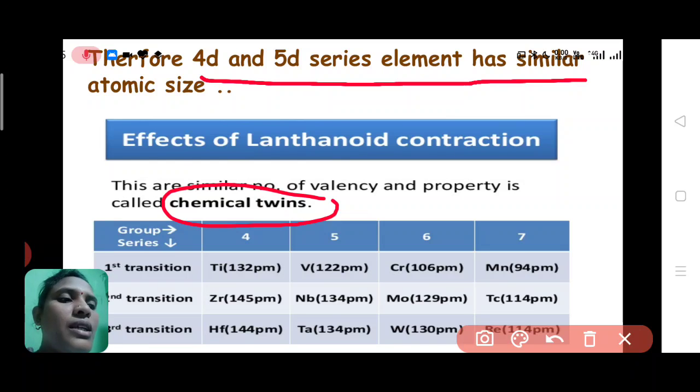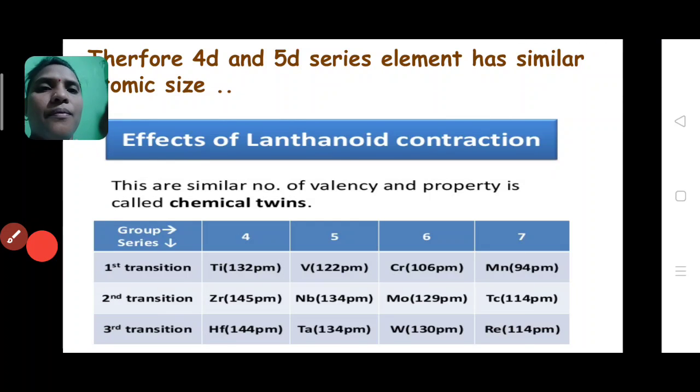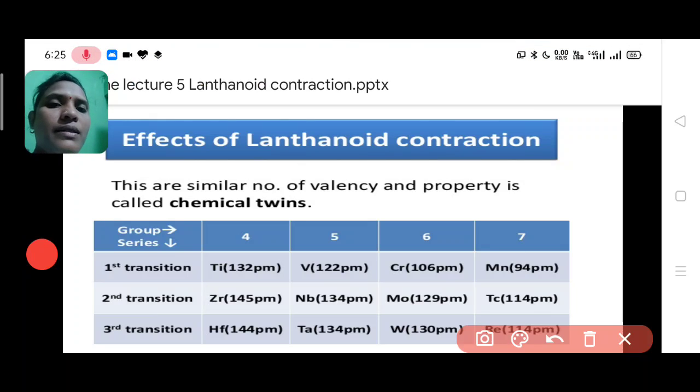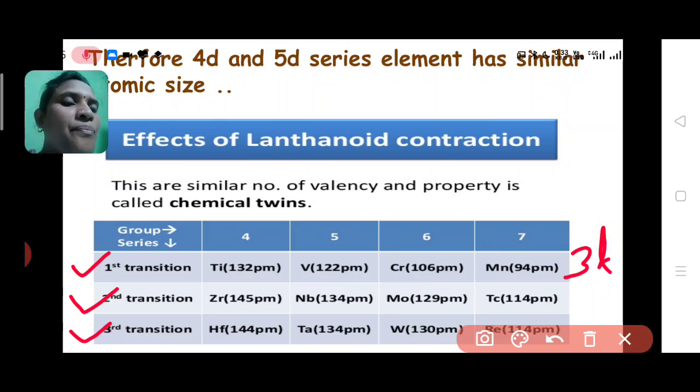So now see here, this first transition series, second transition series and third transition series. First transition series is 3D, second transition series is 4D and third transition series is 5D.